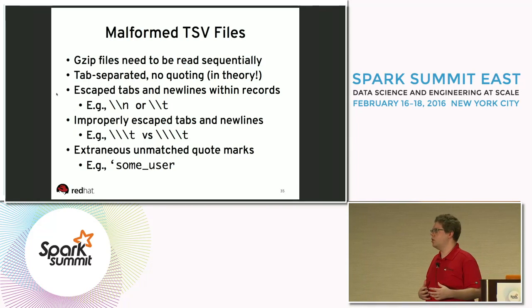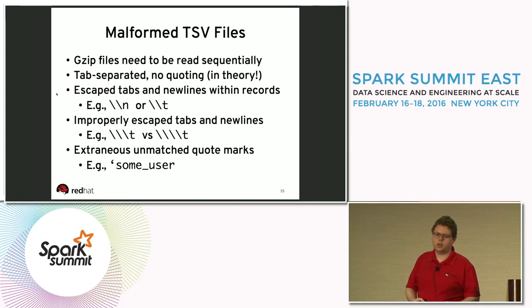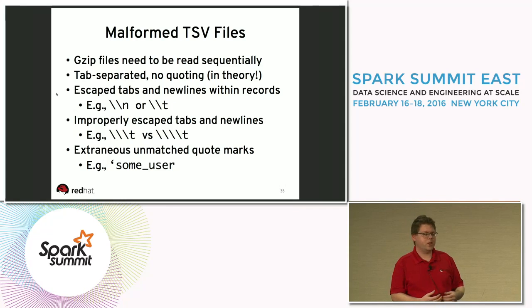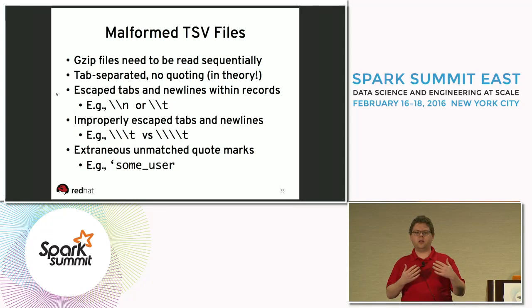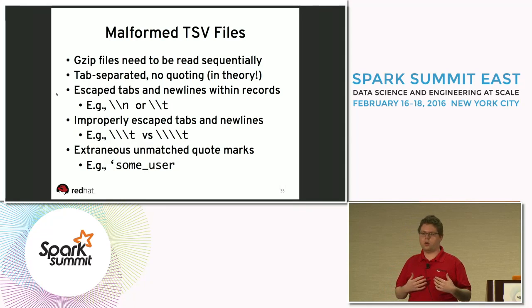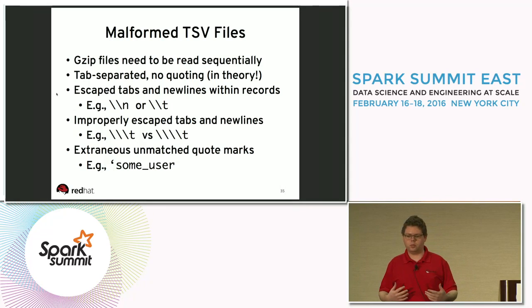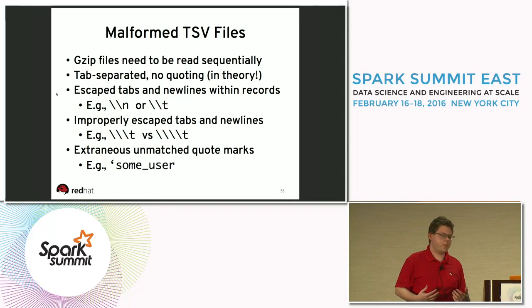Along the way of doing this work, I learned a few lessons. One is that, as I mentioned, the page view data itself is stored as gzip files. And these need to be read sequentially, so our performance comes from reading multiple files in parallel. These files are tab separated with no quoting.